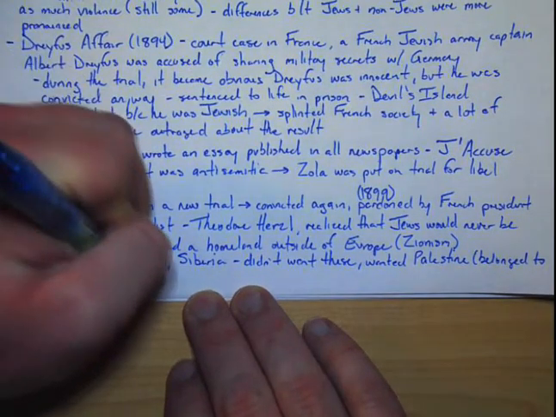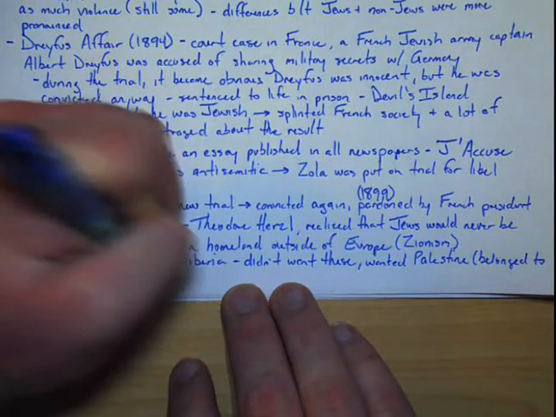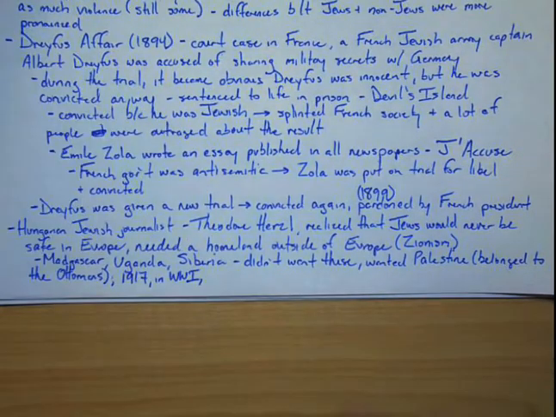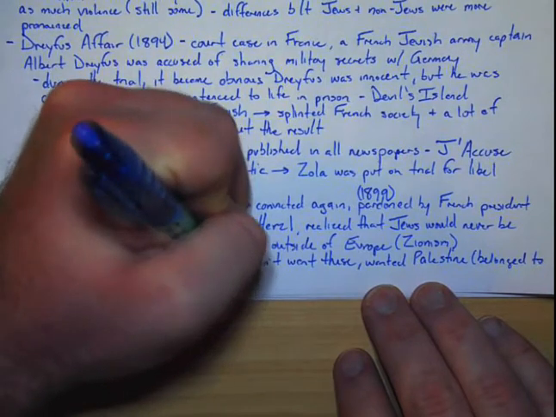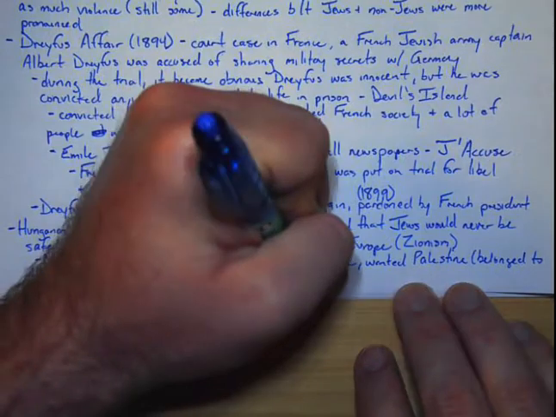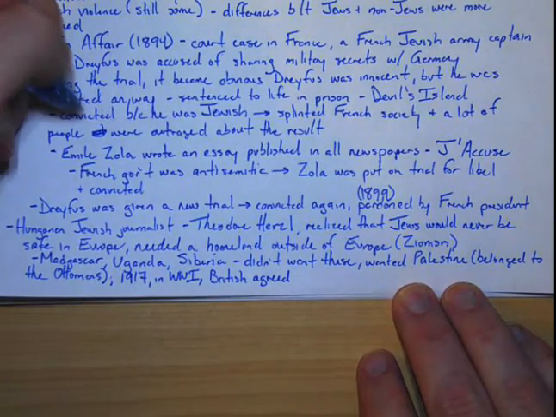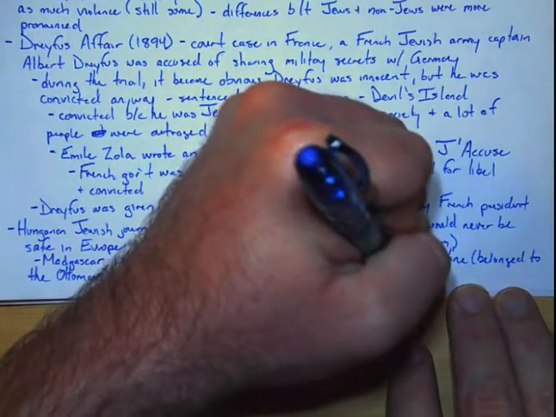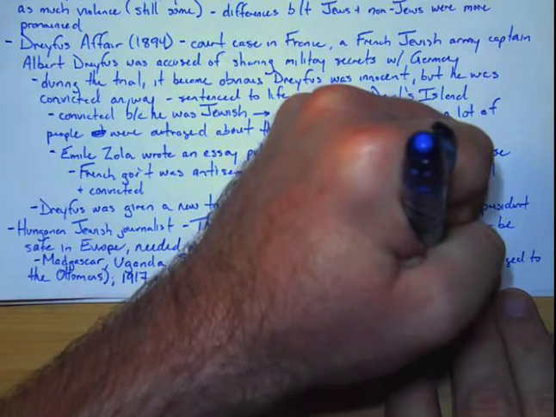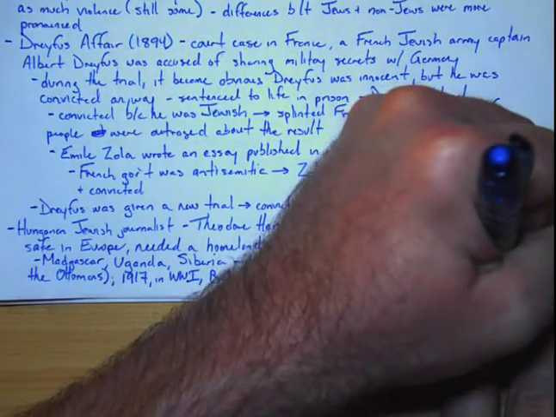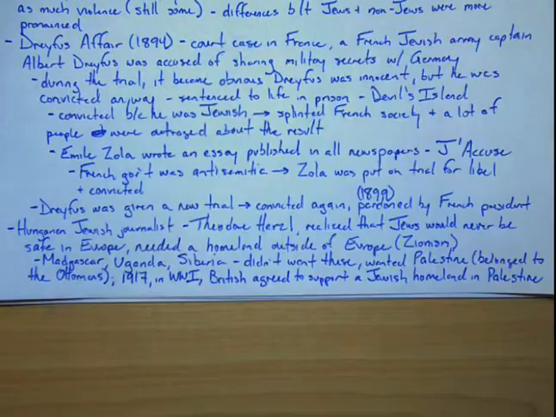In 1917, in the middle of World War I, the British agreed to support a Jewish homeland in Palestine after the war.